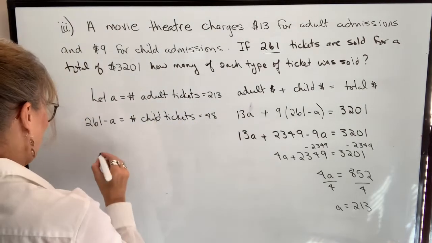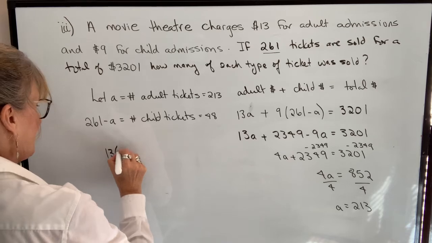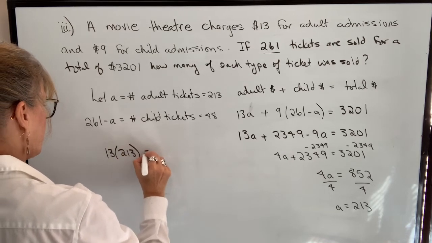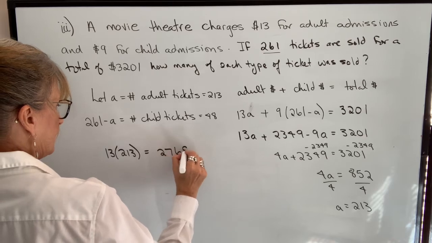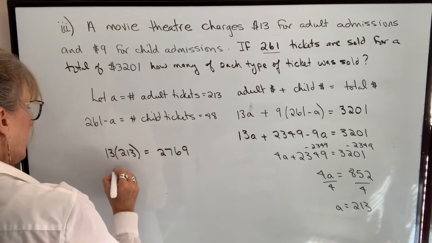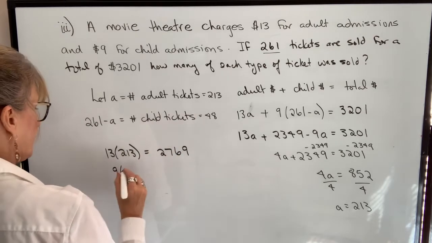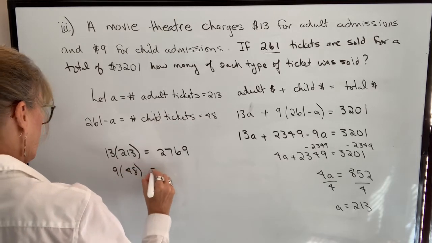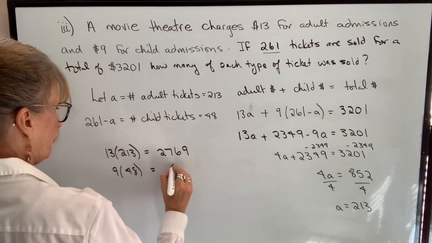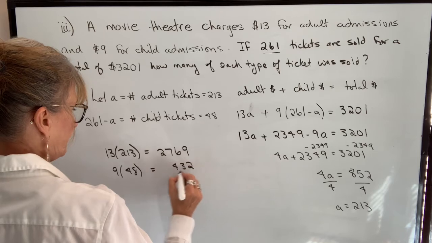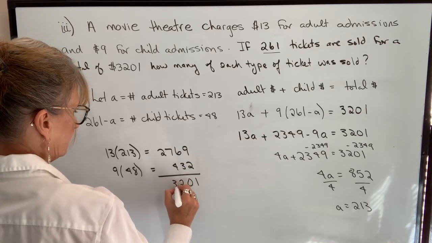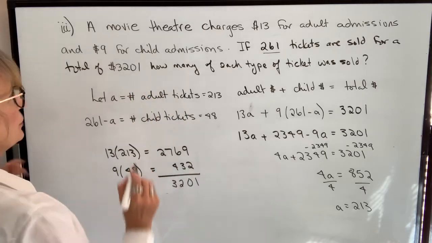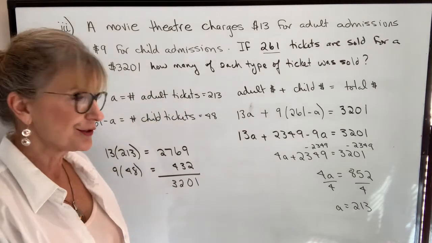Let's do a check. $13 times 213 admissions will equal 2,769. $9 times the number, 48, multiplies to equal 432. When we add this up, it does equal 3,201, so we know the answer is correct.